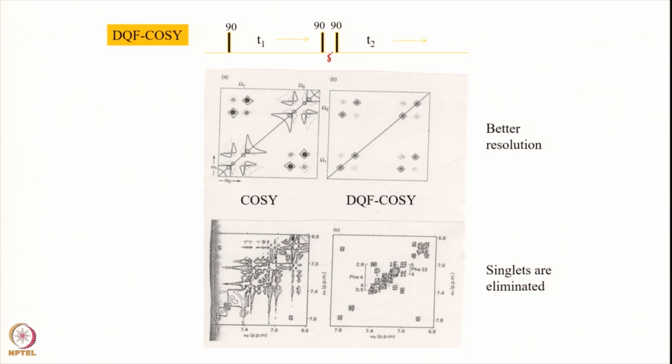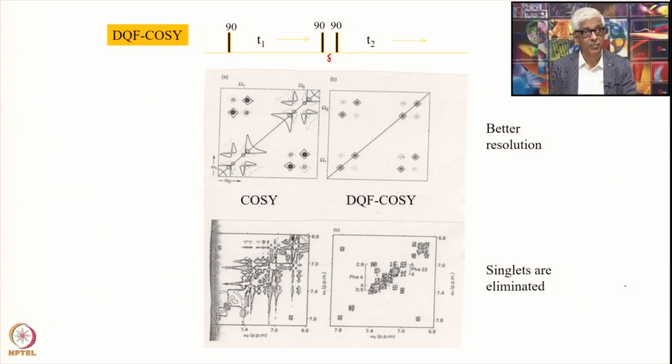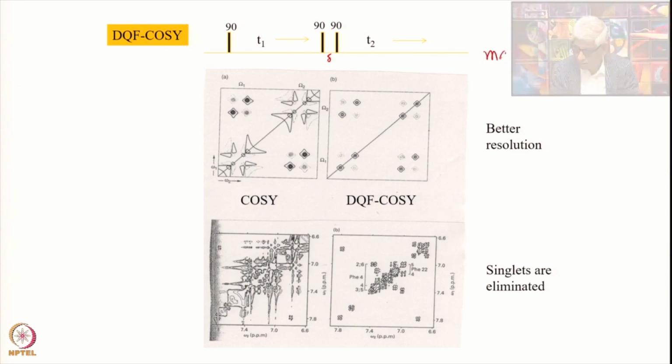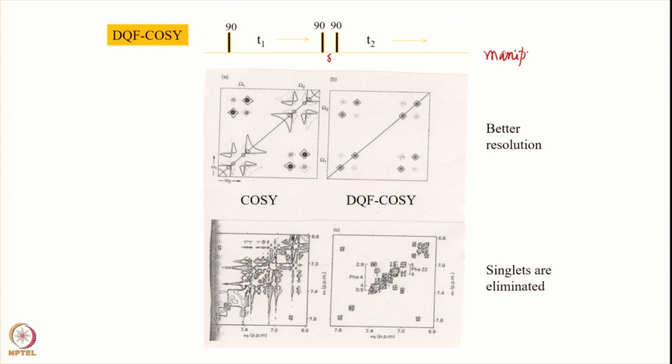Now what you do is you manipulate the magnetization transfer pathway. What you do here is manipulate the mixing and transfer pathway.